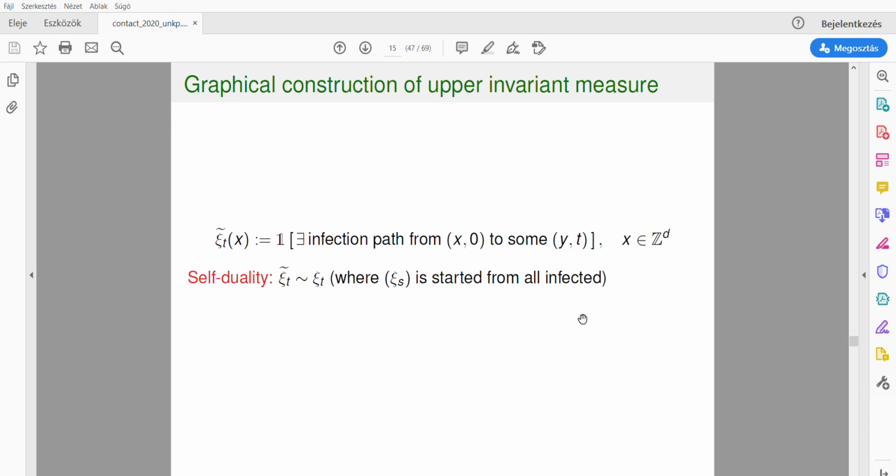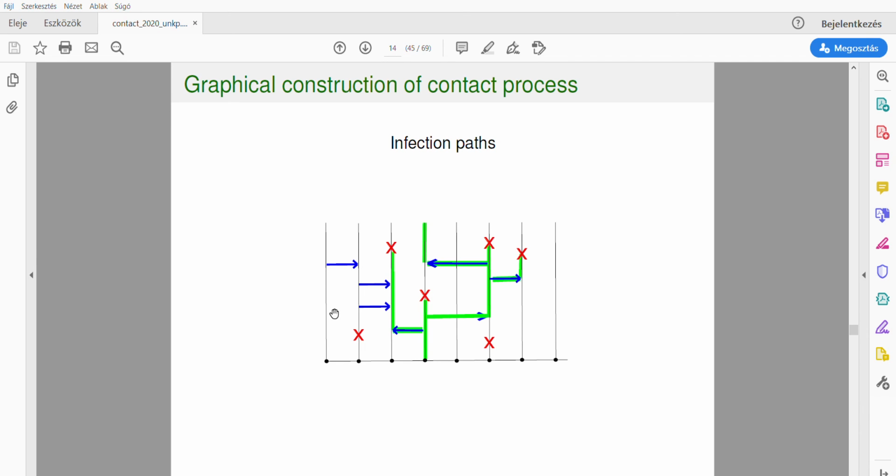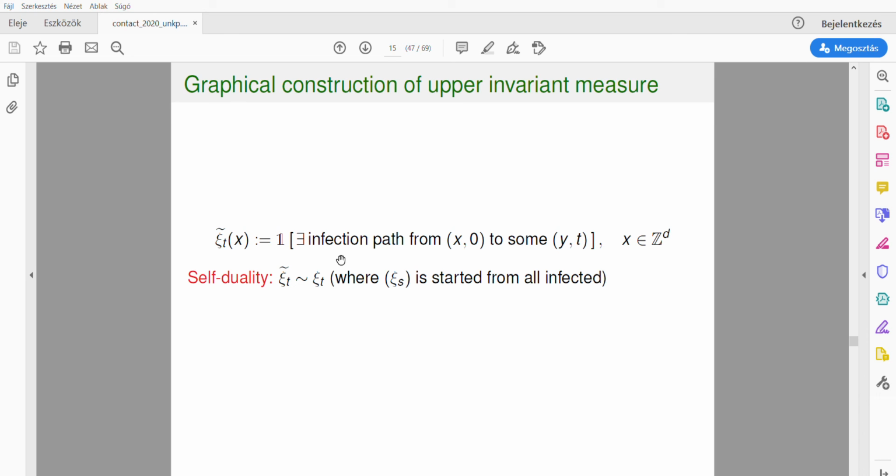This is called duality, and this is really time reversal. So if you start from all infected here, then the configuration that you see at time t here, that's the same thing as looking at those sites here at the bottom whose infection path reaches up to time t. So that's just like if you turn this picture upside down, it's easy to realize that this identity holds. So this way you can construct a configuration which has the same distribution as the contact process at time t.